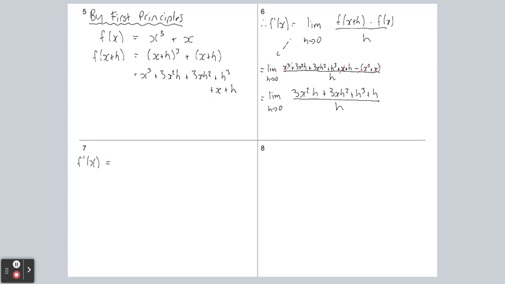is equal to, we need to get rid of that h. And I don't know if you can see it or not, but there is a common factor of h in the numerator. Every single term in that numerator has an h in it.